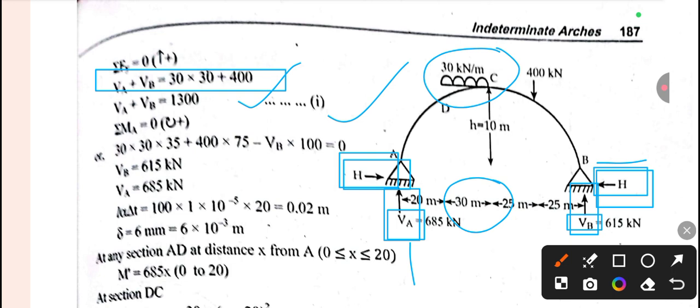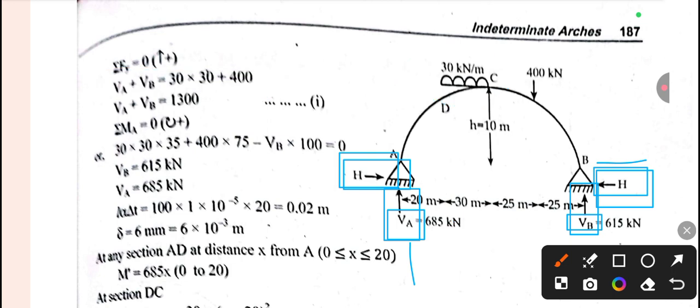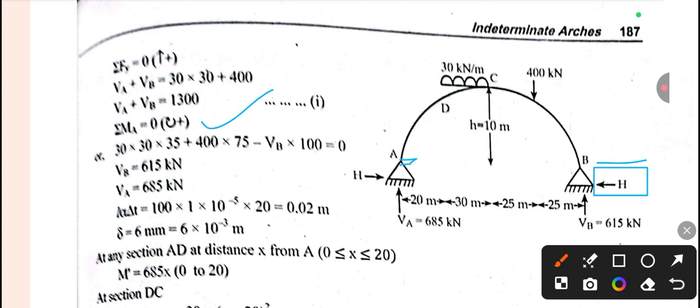Now we have to take moment. Okay, now take moment about A. If you take moment about A, clockwise is negative. You can see this 30 into 30, and the 30 acts at a distance of 20 plus half of this 30, so 20 plus half of 30 means 15.